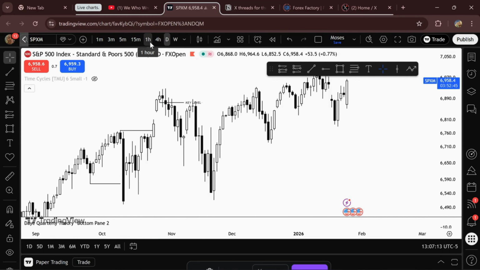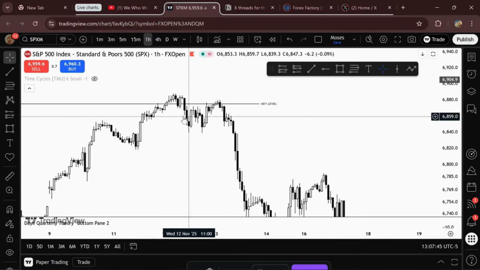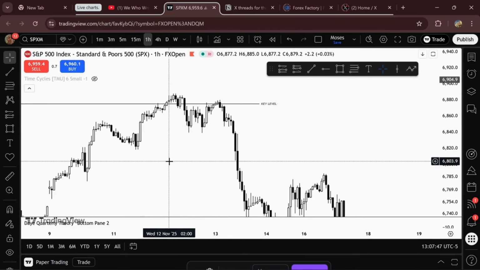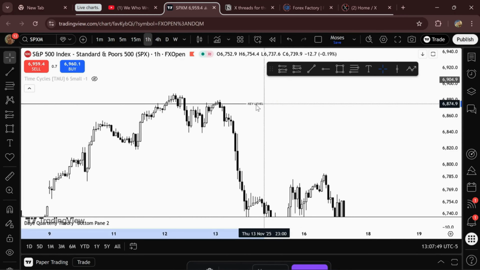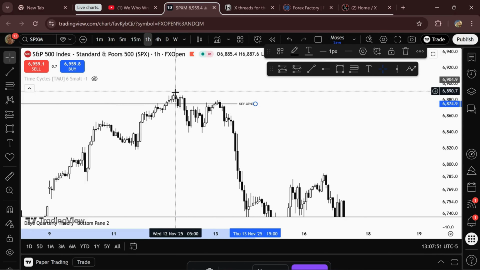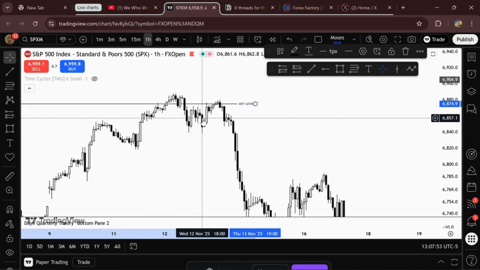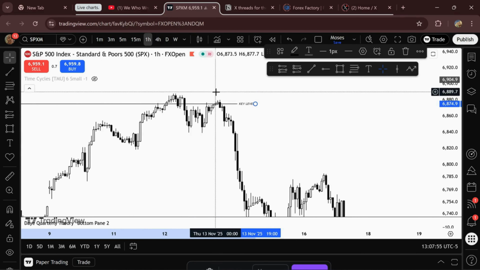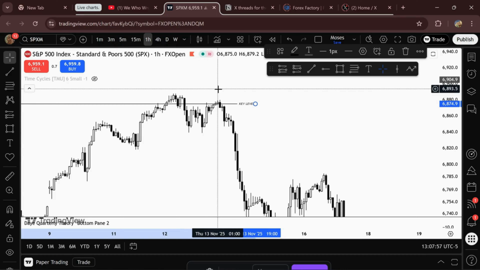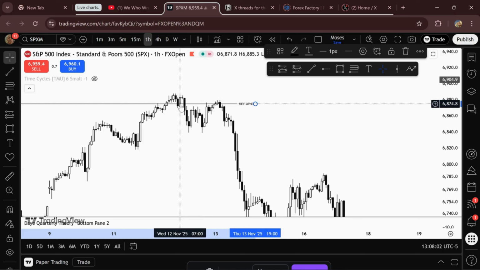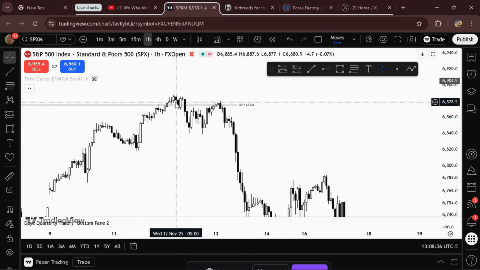Okay, so we're going to drop down to the 1 hour time frame now. Okay, so dropping down to the 1 hour time frame, we could see price interacting with this key level here. And this reversal began on Thursday, right? Oh no, it began on Wednesday, 12th of November. That is when this reversal began.